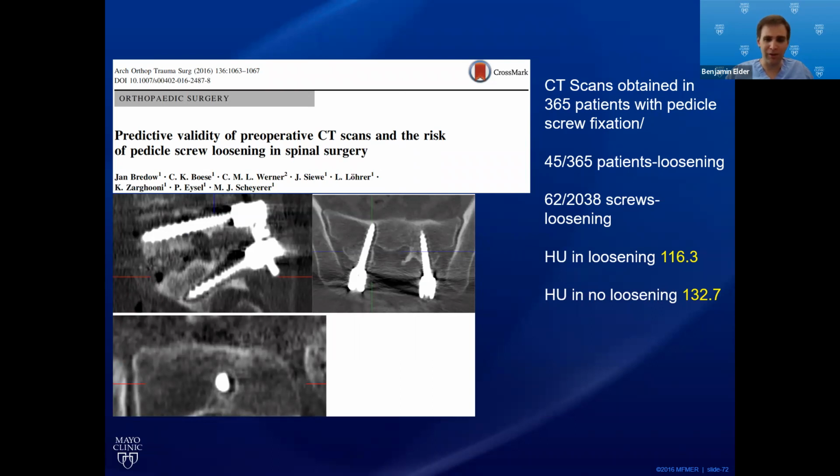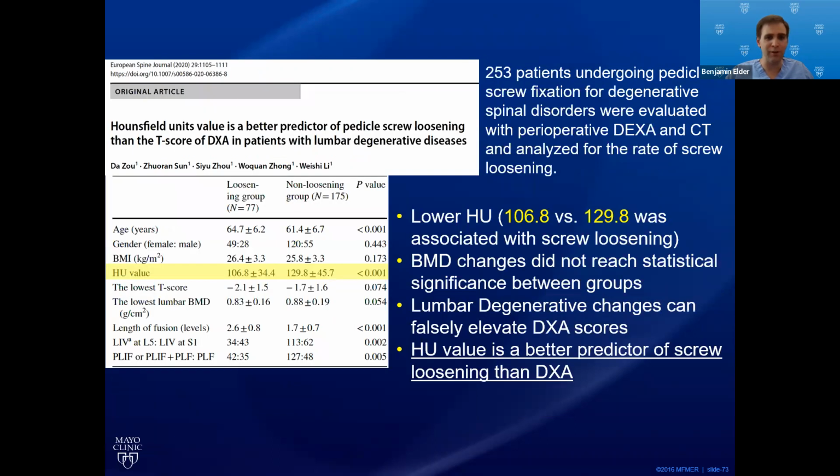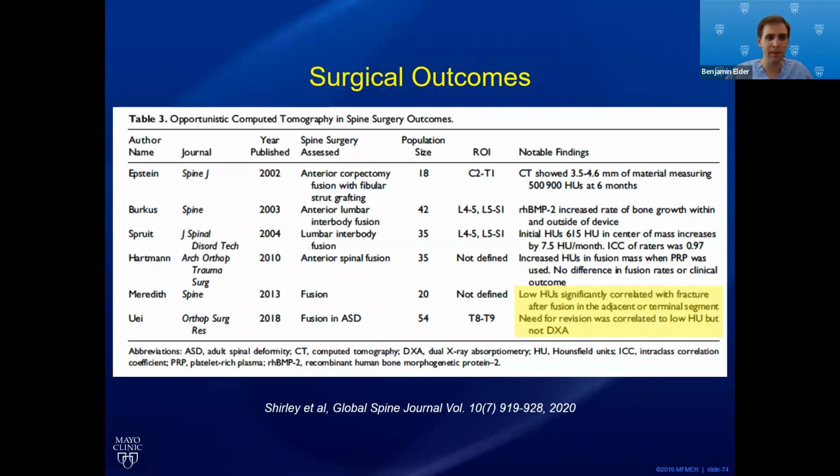And so again, it was about 116 versus 133 as identified cutoff. In this one, they again found a similar cutoff with low 100s versus about 130 associated with screw loosening. But the Dexa changes did not really show much difference between the screw loosening groups. So the Hounsfield unit, again, seems to be a much better predictor of screw loosening than Dexa.